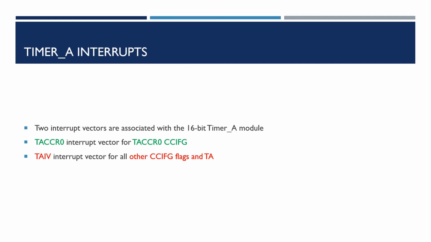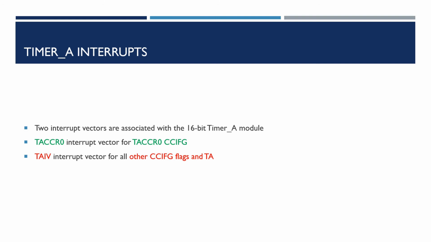So because there's only one vector assigned to all the other interrupts, we'll have to use a switch case, because we have to decipher which particular interrupt occurred. And there's also a TAIV register which keeps a value in it to describe which particular interrupt has occurred.